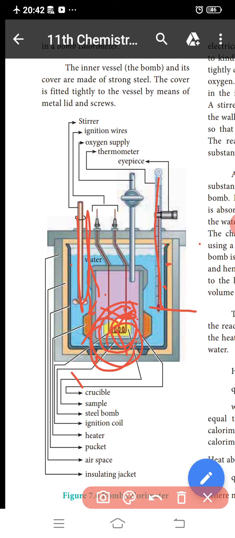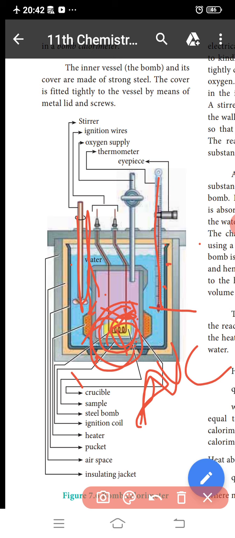The amount of heat produced in the reaction, del U of combustion, is equal to the sum of the heat absorbed by the calorimeter and water.